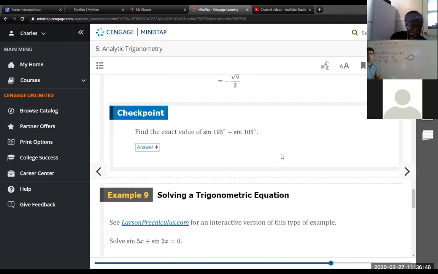So let's try and solve a trigonometric equation, or at least start to, because this is the whole idea behind all this, where we learn these rules to figure out how to solve stuff. Sine of 5x plus sine of 3x.